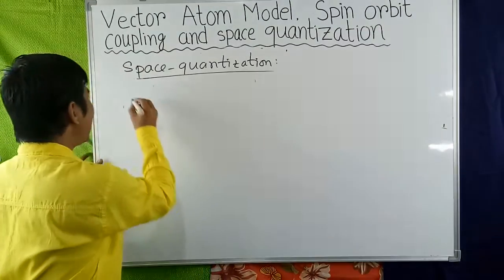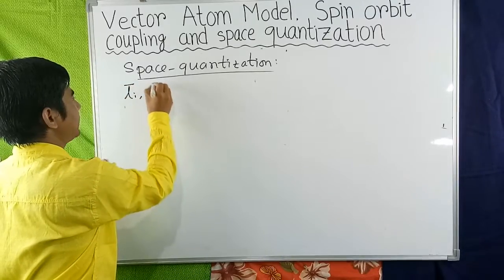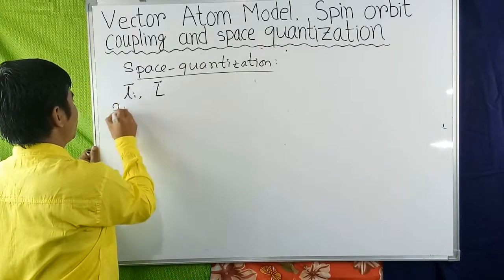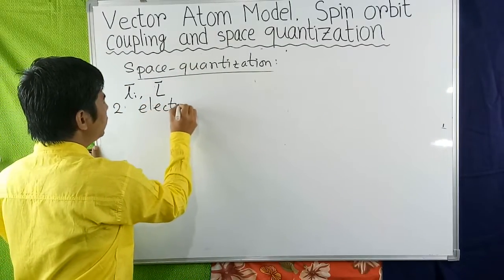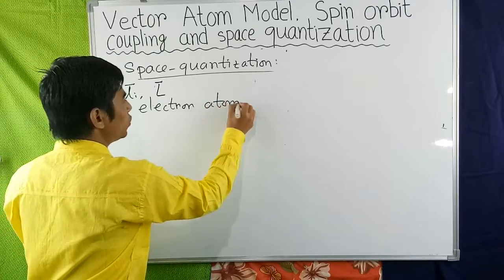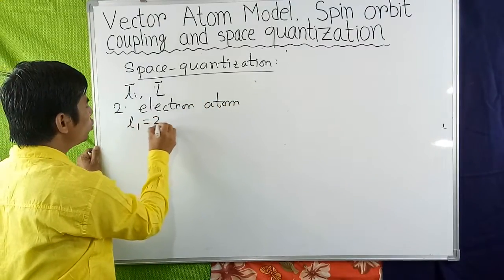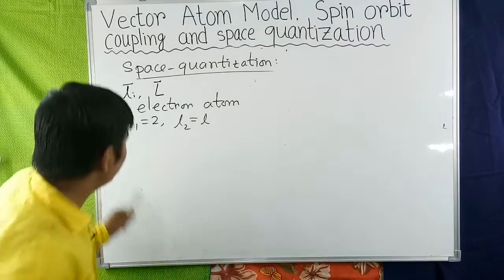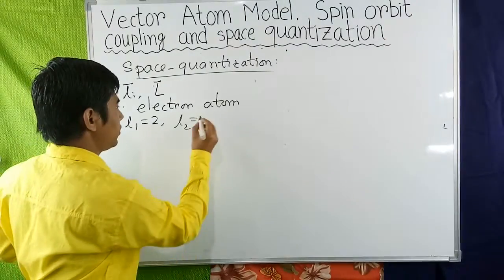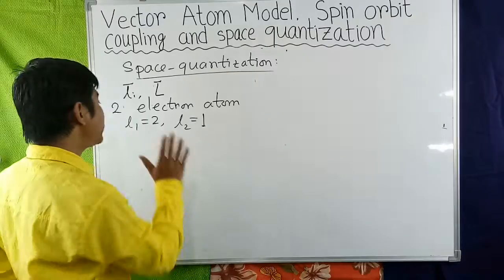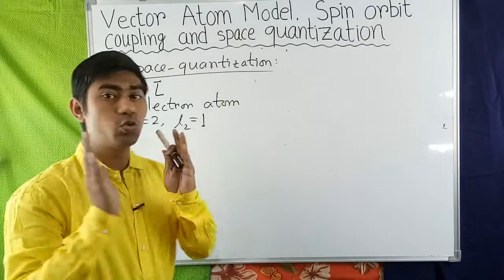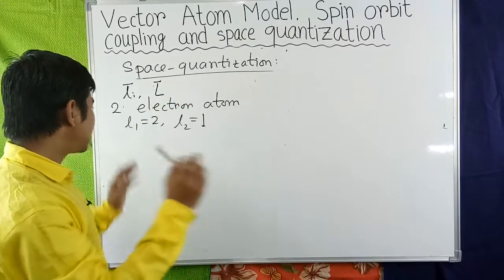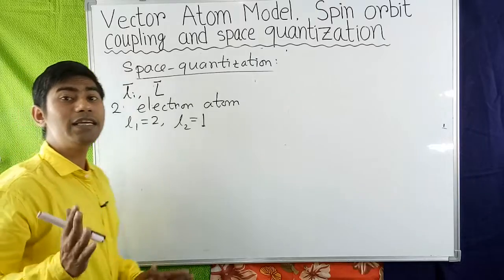The addition of Li are quantized. For example, for a 2 electron atom with L1 equals to 2 and L2 equals to 1, the L vector, capital L vector, that is the sum of L1 and L2, has three values.